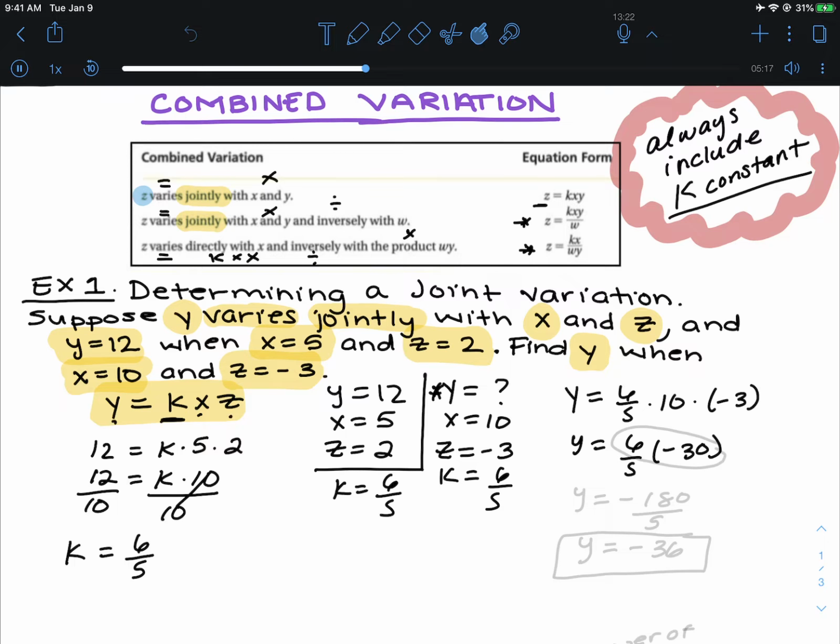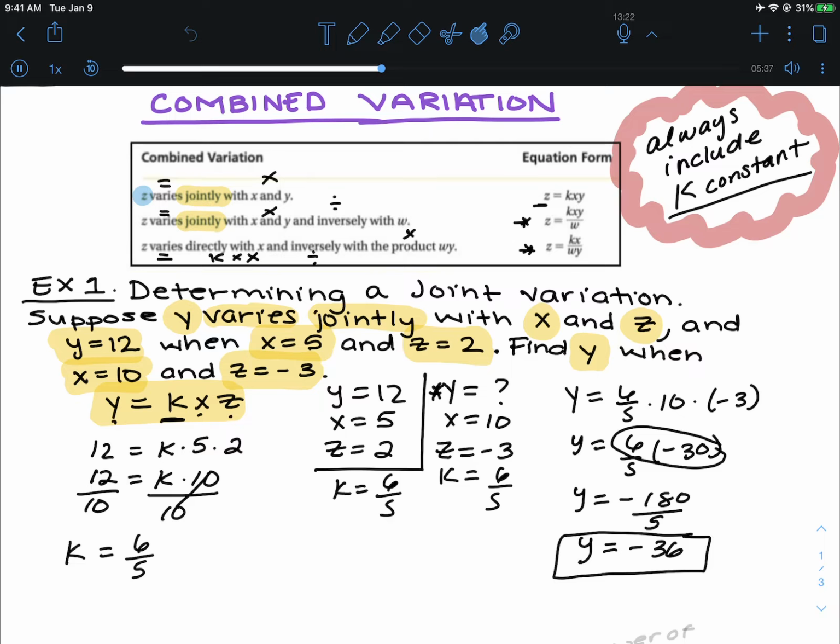When you multiply a whole number times a fraction, you can multiply it times the numerator. So negative 30 times 6 is negative 180. Divide that by 5, and you get negative 36. So that right there would be your answer for that one.